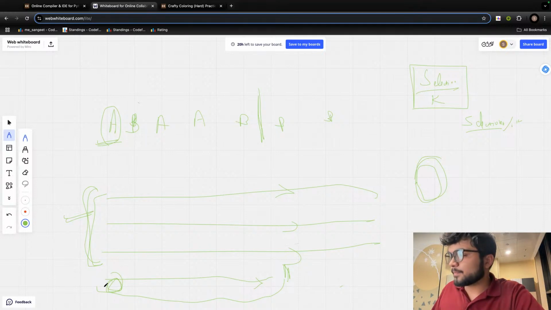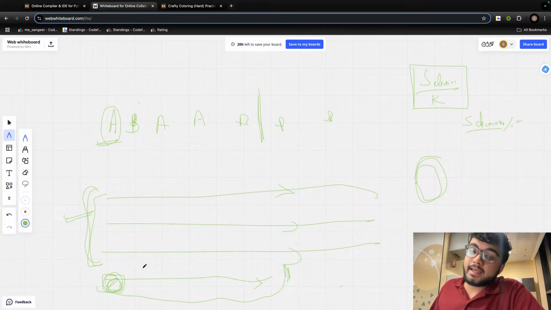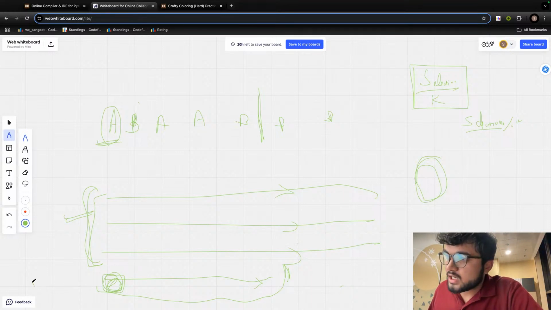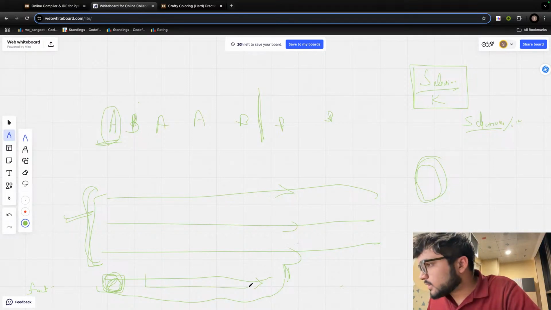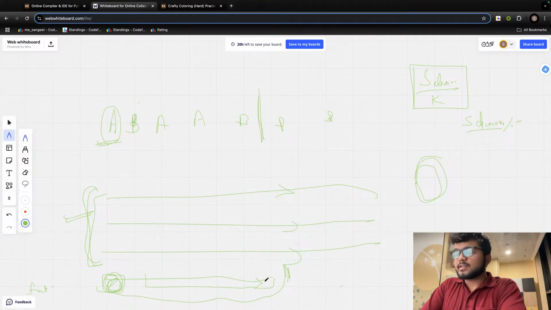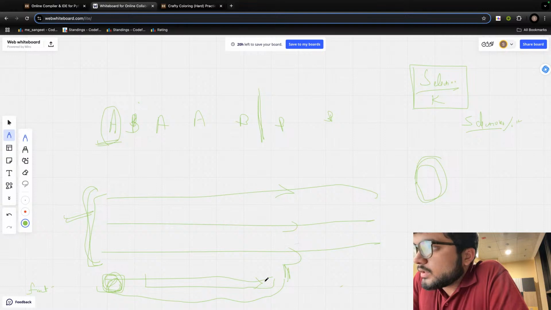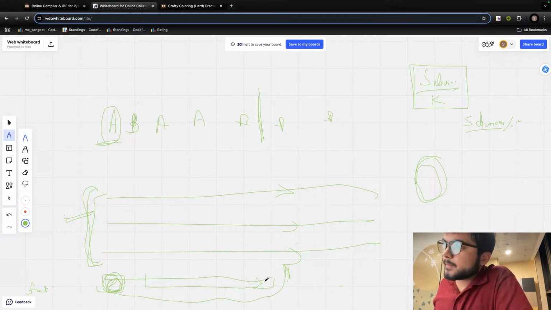For this part, how many coins will A add to his account? That will be factor minus whatever this is. We need to find some way to calculate this. What will this be?